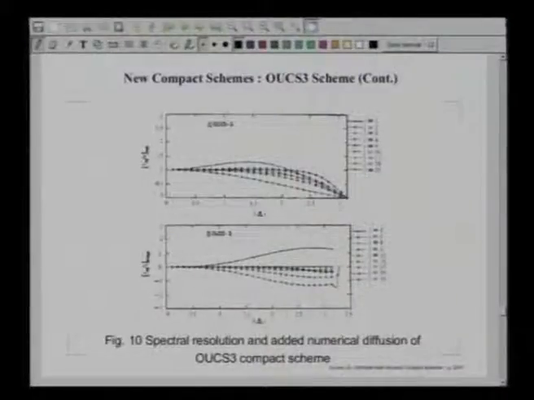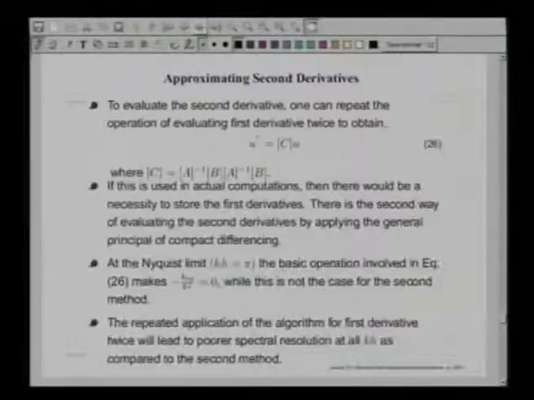However, the advantage of the compact scheme, as we have noted by now, is that we can circumvent all the drawbacks of the spectral method. So, we get near spectral accuracy, work on a non-uniform grid, and we get very high quality results, and they are all stable. The point j equal to 1 is of no concern to us, it is a Dirichlet point. So, we should not worry about it.